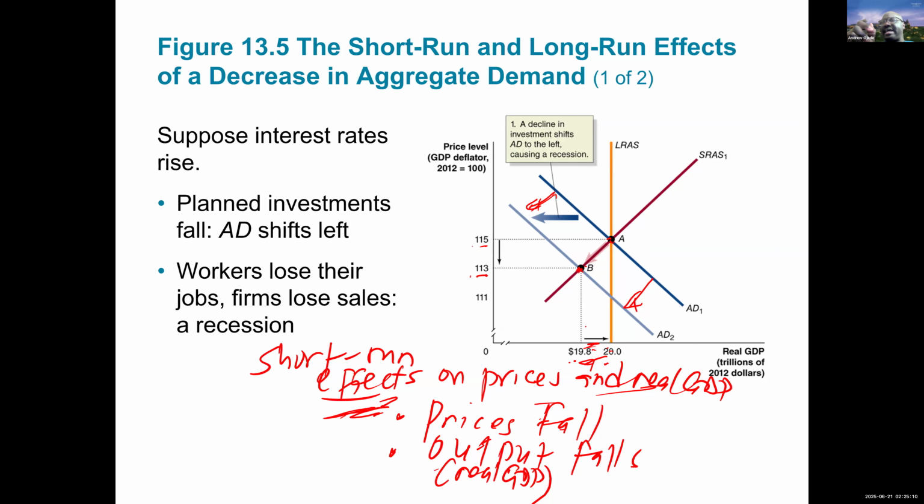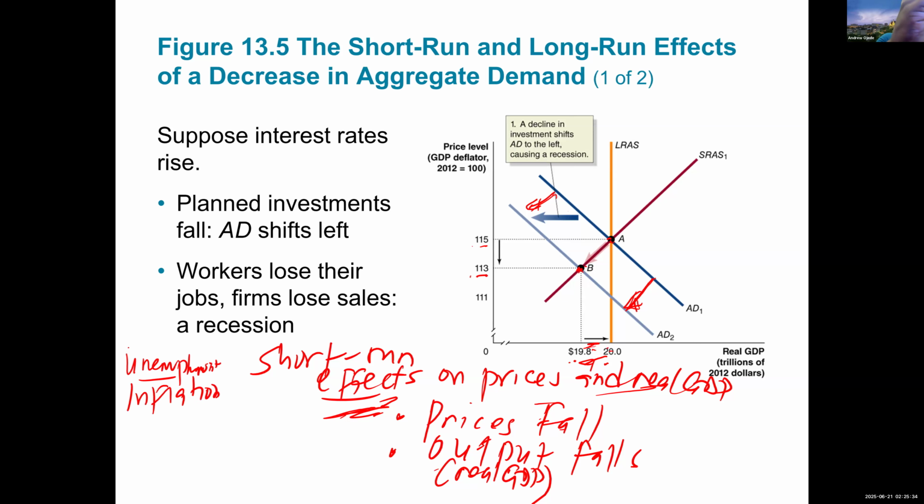The good news is that when a recession is caused by the aggregate demand curve shifting to the left, you only have one problem. There are two main problems that economists and policymakers hate the most. We hate unemployment. We don't want Americans to be without jobs, and we hate inflation.